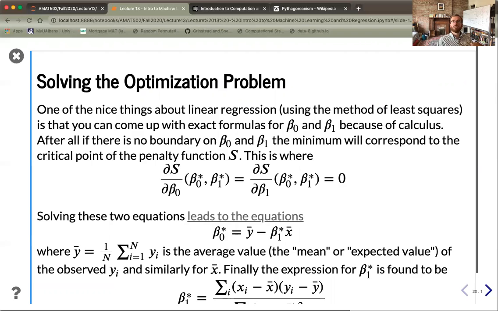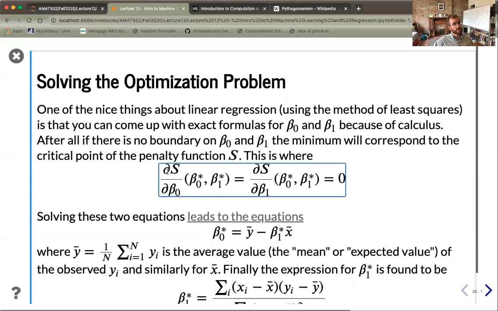Just like in one variable calculus, we try to find the local maximum or global maximum or global minimum of a function. One way we can approach that is by taking the derivative and setting it to 0. The exact same thing is true in two dimensions, with multivariable calculus.